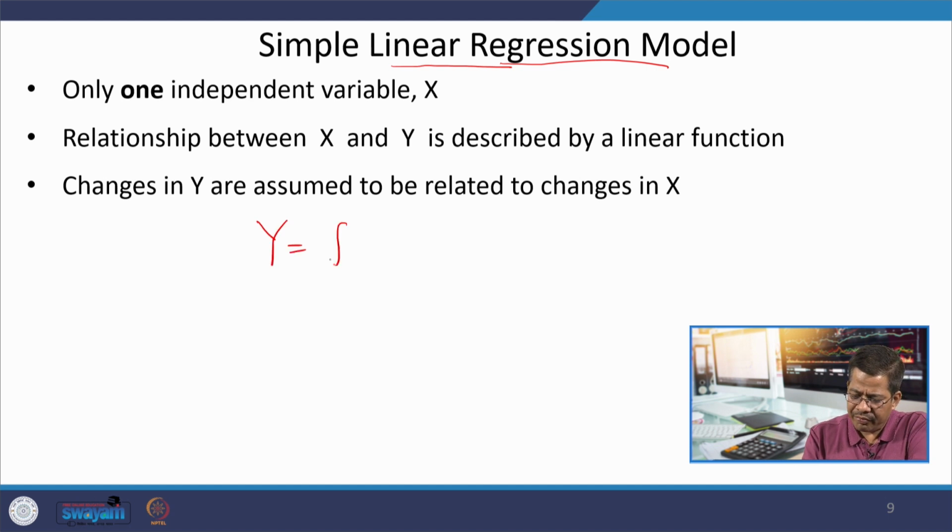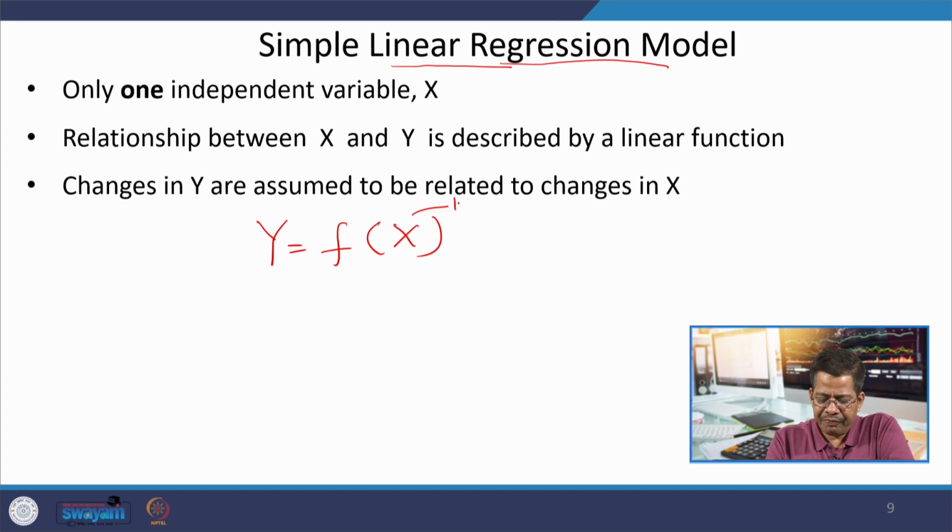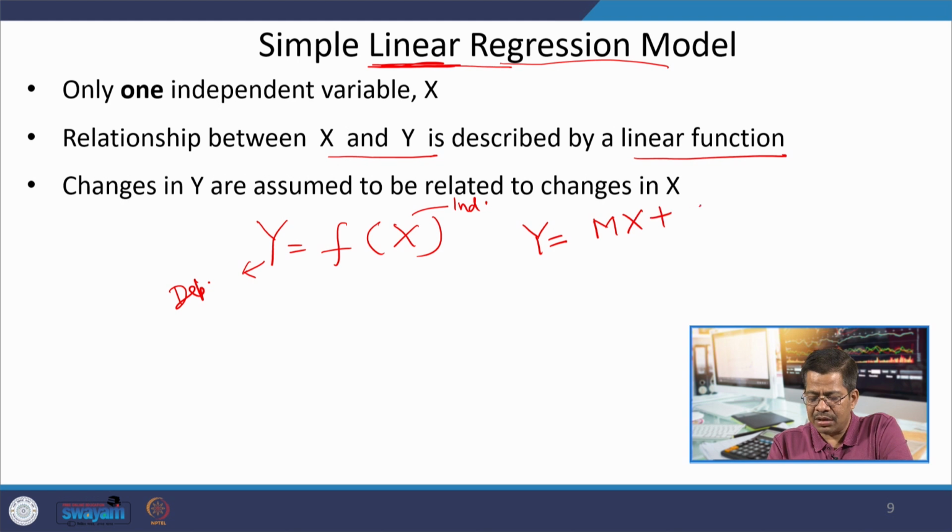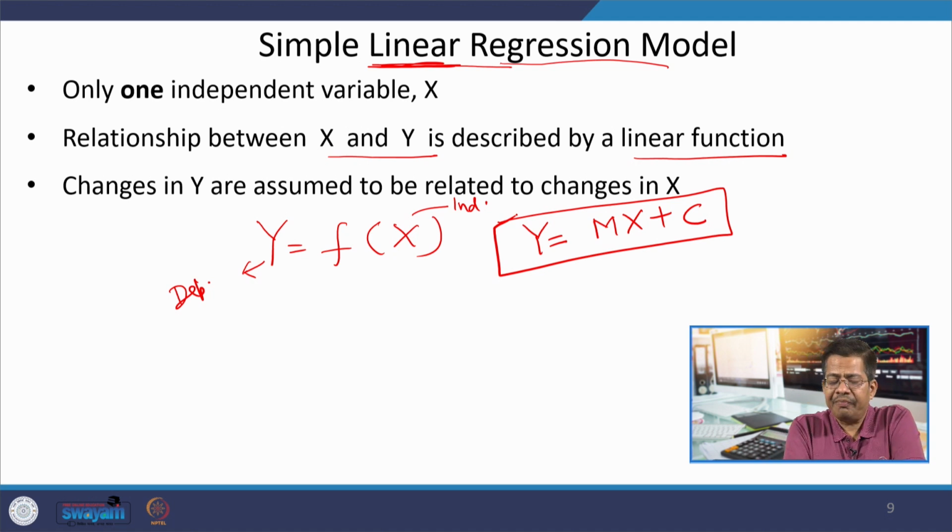which is having only one independent variable. This is the independent variable, this is the dependent variable, and since it is a linear function, the relation between x and y is a linear function. y equals mx plus c, something of this type, where m is a kind of a parameter for x and c is also a kind of a constant.